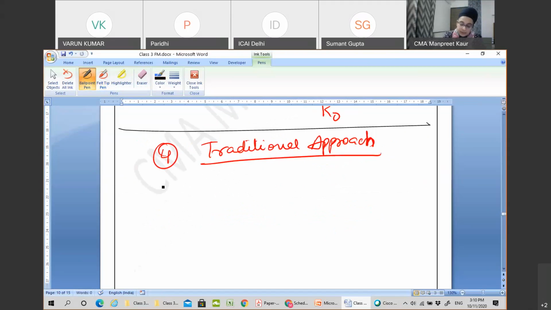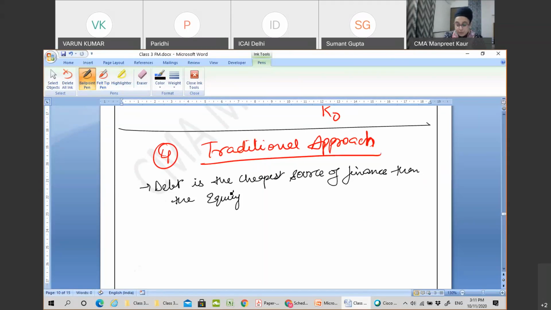It says debt is the cheapest source of finance, then equity, due to taxation and investors' risk expectations.